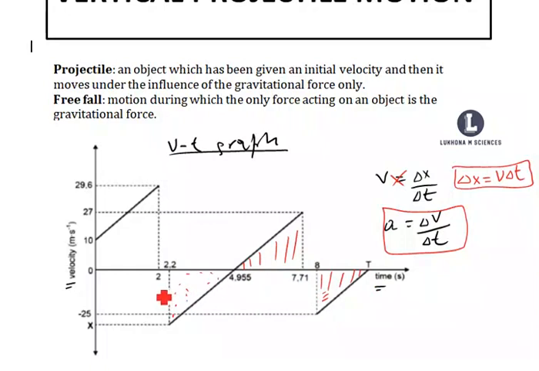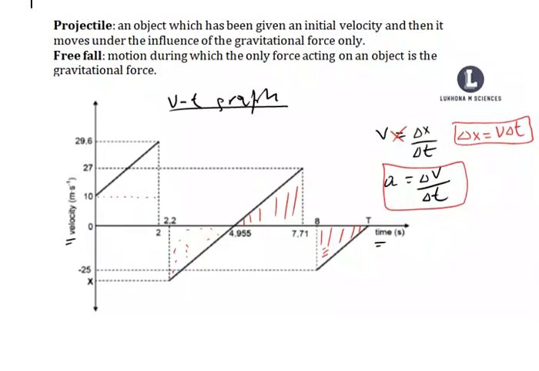And here you can make a triangle and a rectangle. So we have the areas here. If you multiply length times breadth, that is the area. But if you divide, let's say length divided by breadth, that is a gradient, which means we have two formulas that we can use.